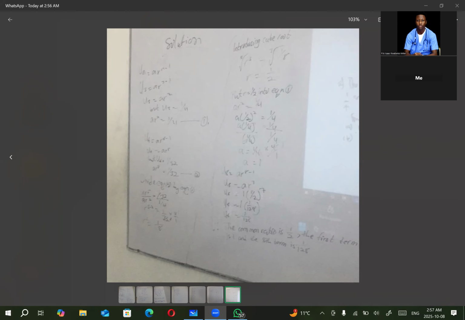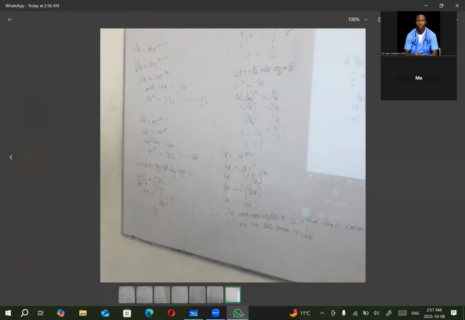So equation, poor camera quality. Divide equation 2 by equation 1. Oh, this is very bad. The quality is poor.